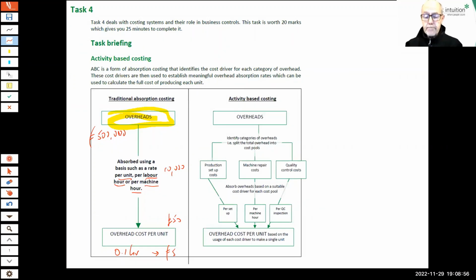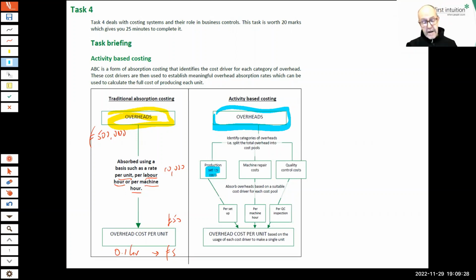A more modern approach, which has become increasingly popular because nowadays we have spreadsheets, we have software of different kinds, we can do more complex calculations a lot more easily. What we do now is we look at our overheads and we look at what causes overheads. Each time we change the product on a production line that we are making, we have to spend time setting up the line.